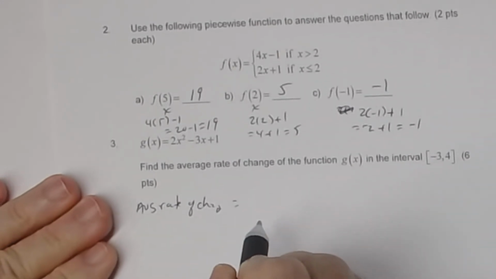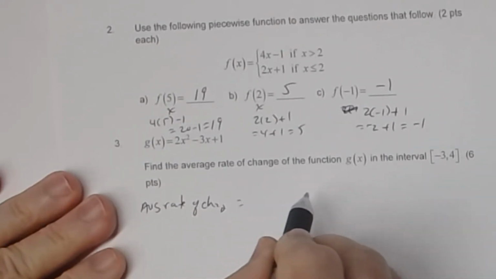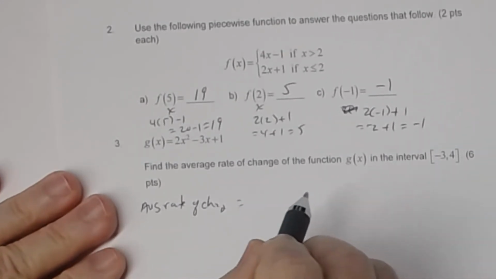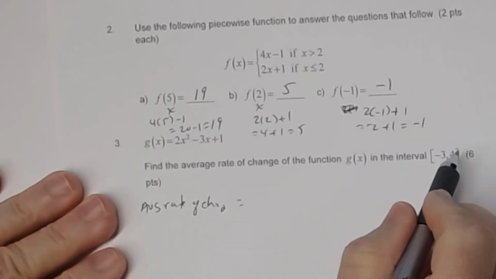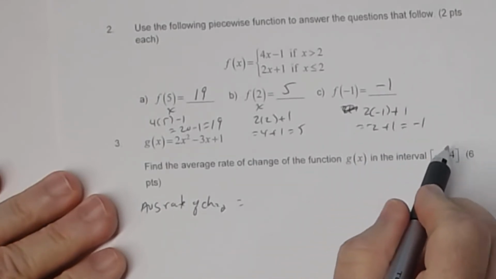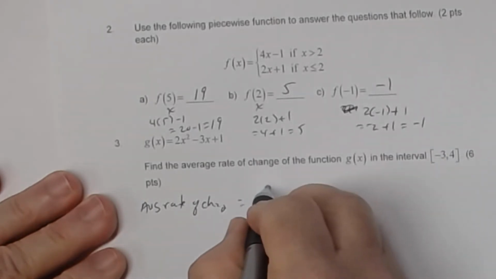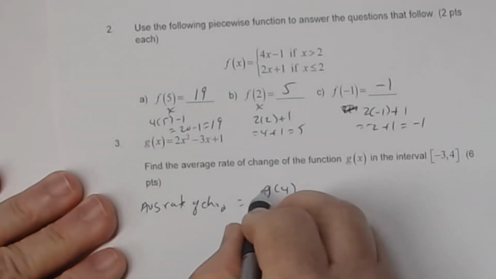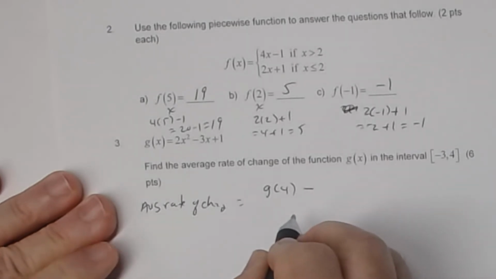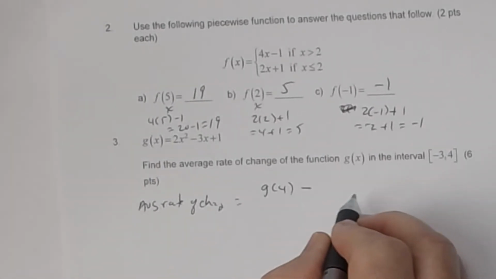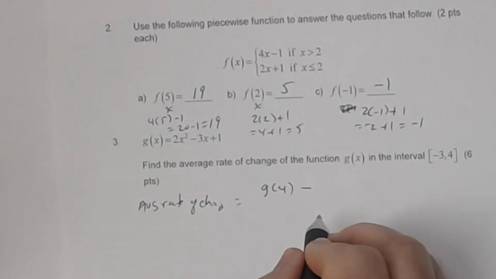All right, so remember the idea of slope, you put the y coordinates in the numerator and the x coordinates in the denominator. So if you think of this interval right here, if you look at this value when x is 4, you're going to say g of 4 to find the y value, and you're going to subtract, because remember slope you subtract, right? y2 minus y1 divided by x2 minus x1, you subtract.